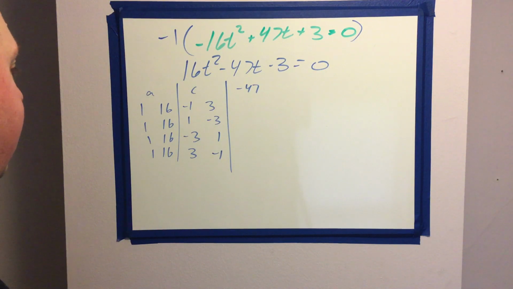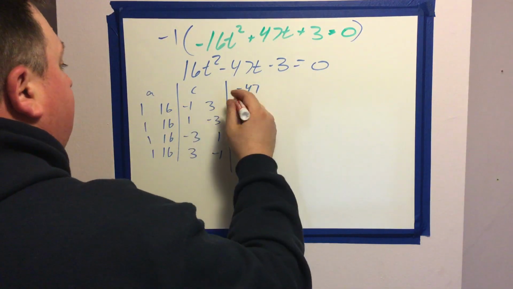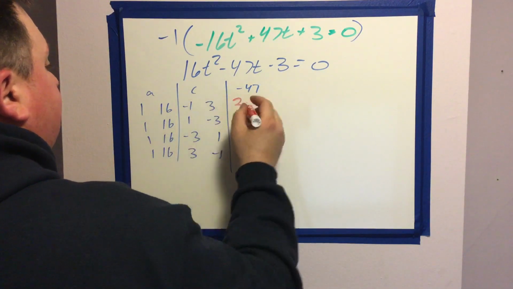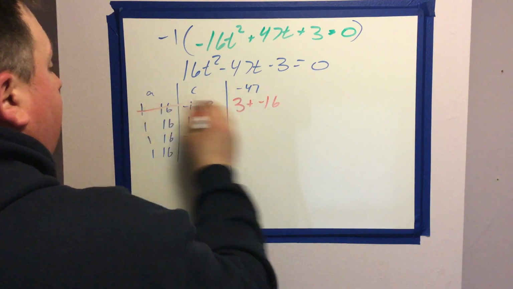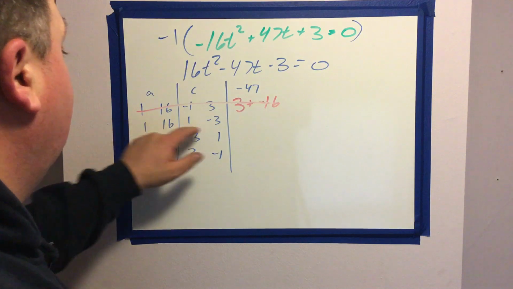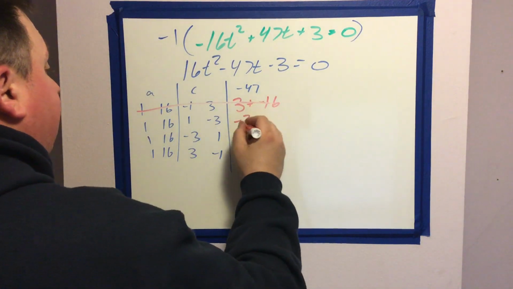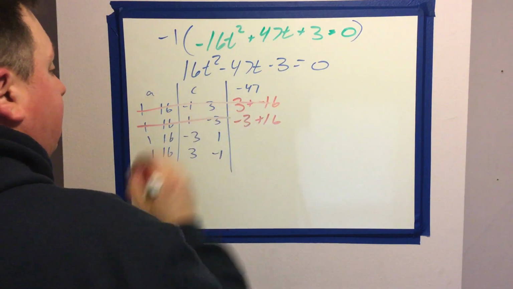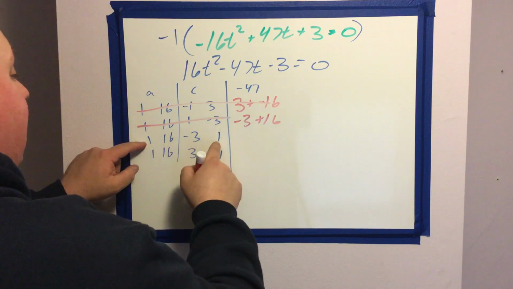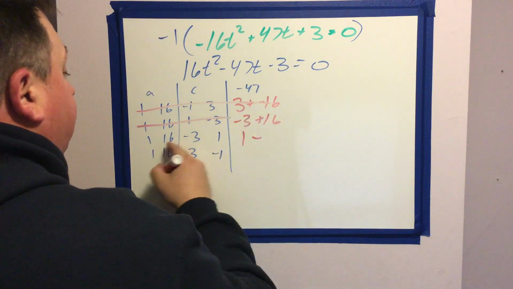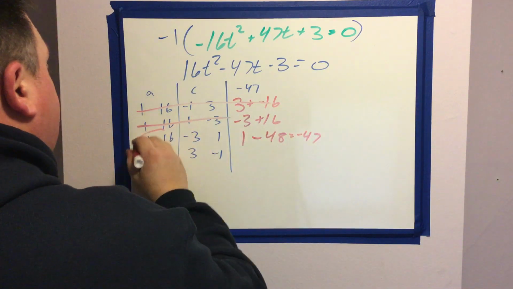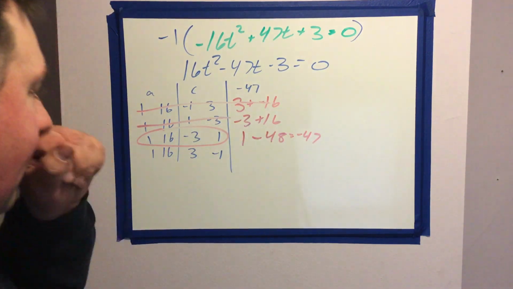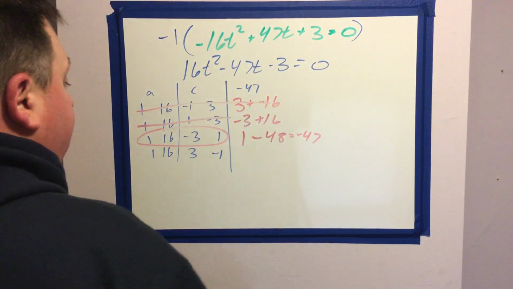So let's see what we have here. 1 times 3 is 3. 16 plus negative 3 does not work. 1 times negative 3 plus 16, that doesn't work. 1 times 1 is 1, minus 48 equals negative 47. We have a winner.